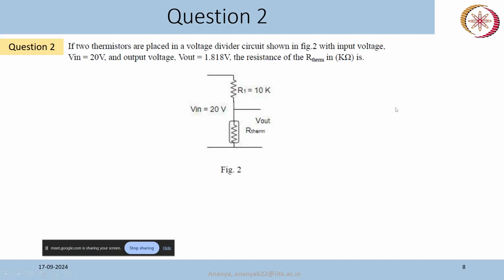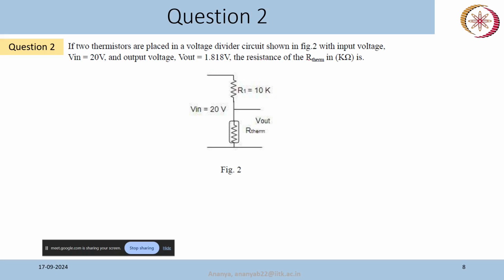So let's go to the next question. This is also again a voltage divider circuit. If two thermistors are placed in a voltage divider circuit as shown in figure 2, with input voltage Vin equal to 20 volt and output voltage Vout equal to 1.818 volt. So this Vout is 1.818 volt.